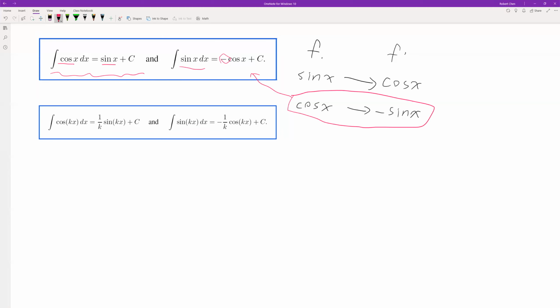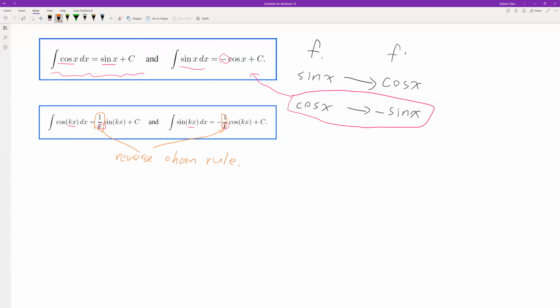Now, if you have something multiplied by x, let's say a cosine kx or a sine kx, you have to divide by that k when you integrate, just like when we're taking a derivative, we have to multiply by the k from the chain rule. So these 1 over k's are actually from something called the reverse chain rule.